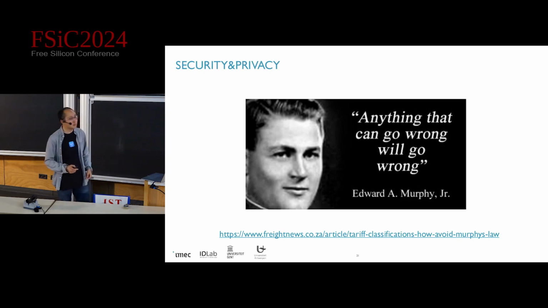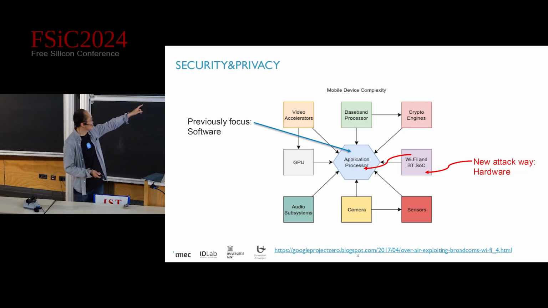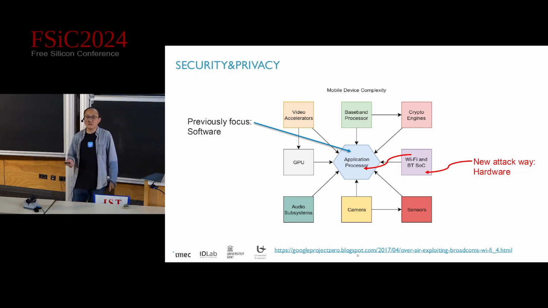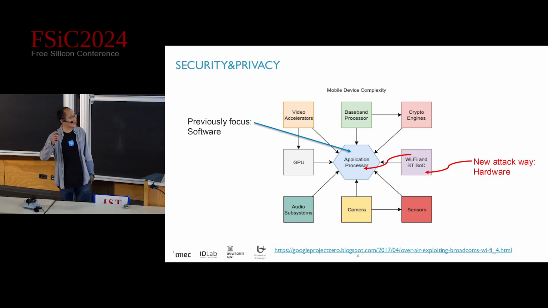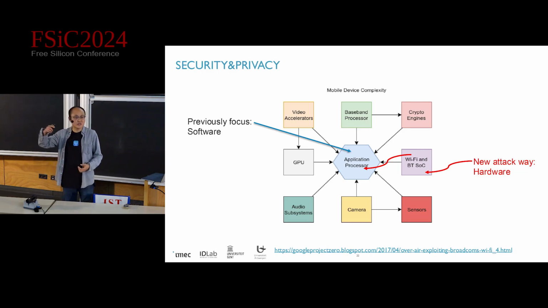Wi-Fi chips are so complicated, so you can imagine there could be many bugs or vulnerabilities, right? Such as this vulnerability reported by Google Project Zero in 2017. They found a new attack way, attacking the application processor and running code silently on your Android phone while a Broadcom Wi-Fi chip is present.